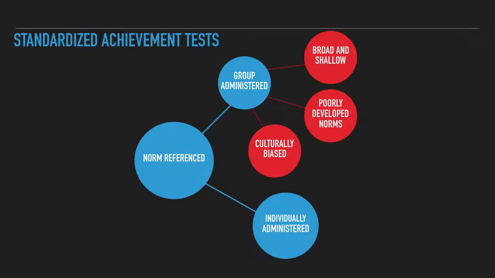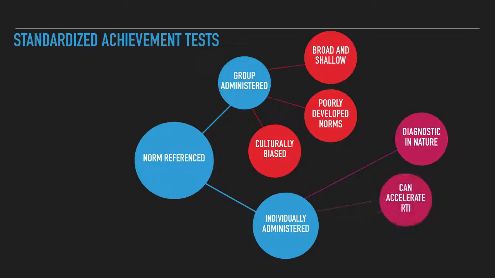There's also the individually administered test, and you'll notice these are purple because they're not quite as dangerous as the group administered. But individually administered tests are more diagnostic in nature, trying to find out what might not be known, what might be wrong, and that can be helpful, especially when you're working through the RTI process.